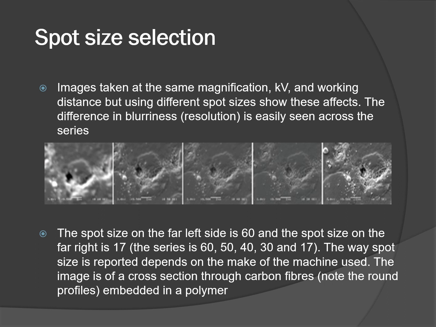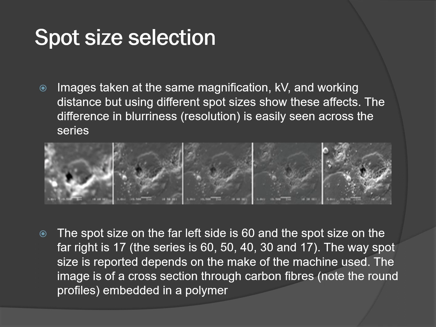The beam scans across the sample but is actually made up of moments when it dwells on the sample. Each moment or spot, as we see here, generates signal that makes up the final image. Images taken at the same magnification, keV, and working distance, but using different spot sizes show different effects.